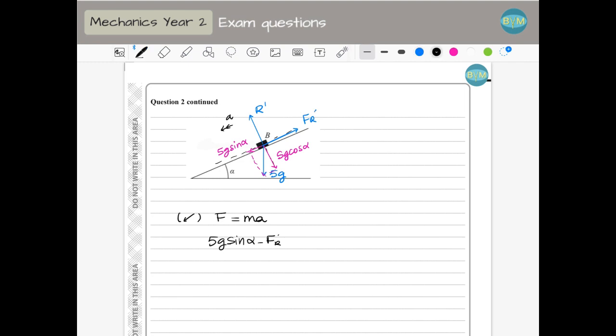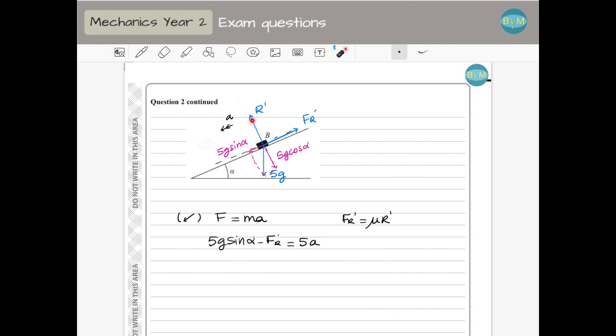Friction is going to be mass, which is 5, times acceleration, and I need to find this acceleration. It's moving, which means this friction is going to be maximum, which means I can use that friction is mu times normal reaction. I know mu is given, and I need to find the normal reaction if I want to find this friction.